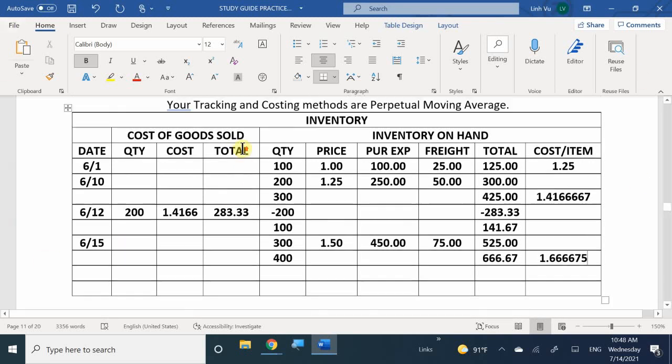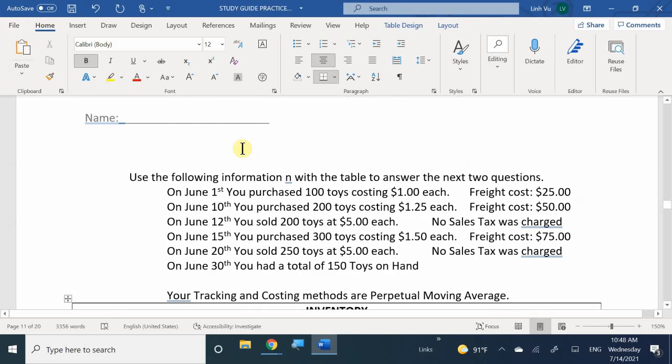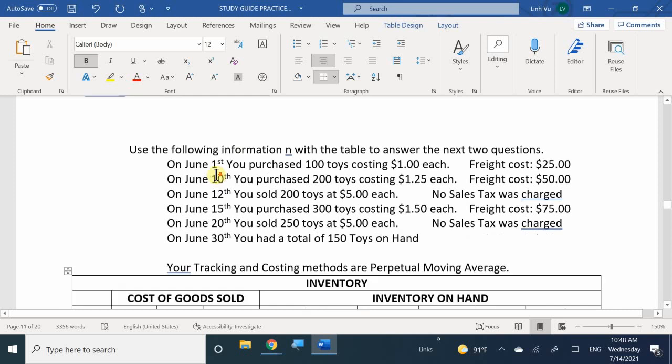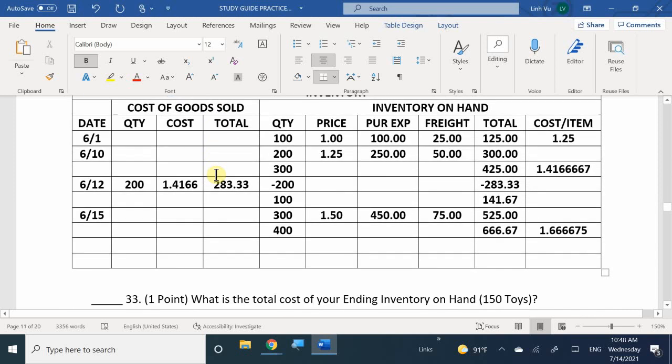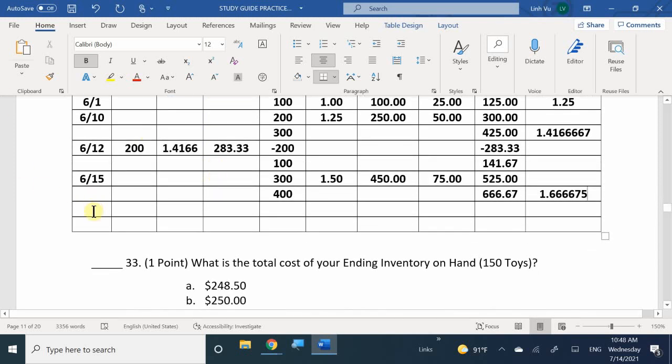All right. So then last piece of information here is going to be June 20th, you sold additional 250 units. So here, June 20th, we sold 250 at $1.6666. Okay. So then what is my total cost of goods sold here if I sold 250 units?